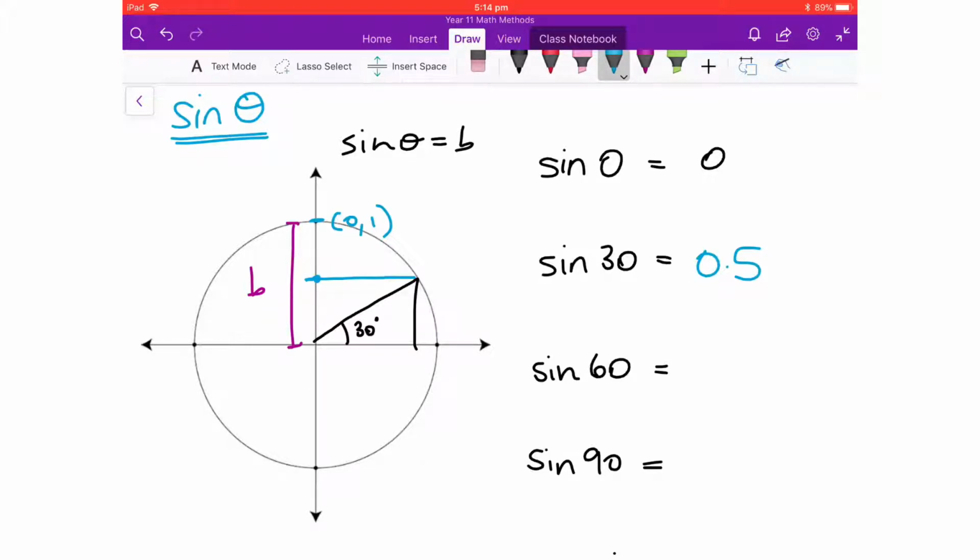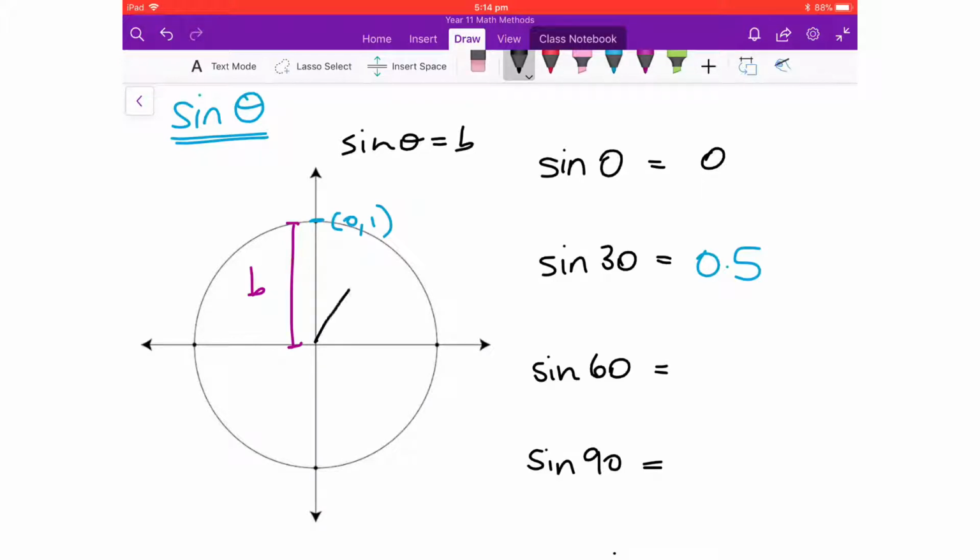So let's try another one. Let's try sine 60 now. I'm going to erase these little values here. We don't want that. We want to make a new one. So remember this is about 45. So 60, let's say it's about here-ish. I think maybe I should make it a bit clearer, maybe a bit bigger. I'll raise that and do it again.